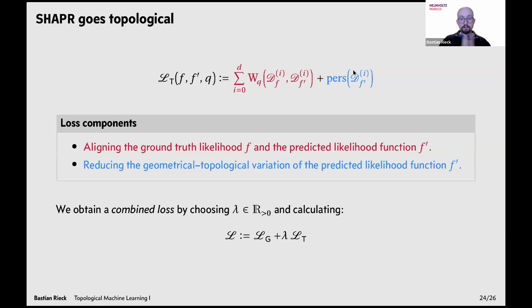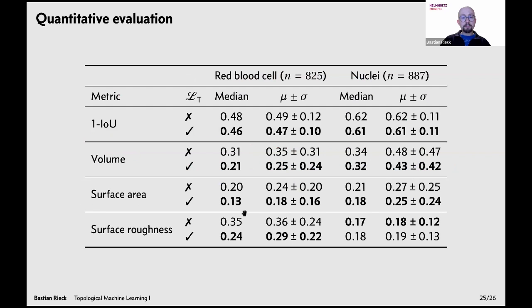Now, then we do the usual thing. We combine this loss term with our geometry-based loss term by choosing some kind of scaling parameter lambda. And let me just show you that this works really, really well.